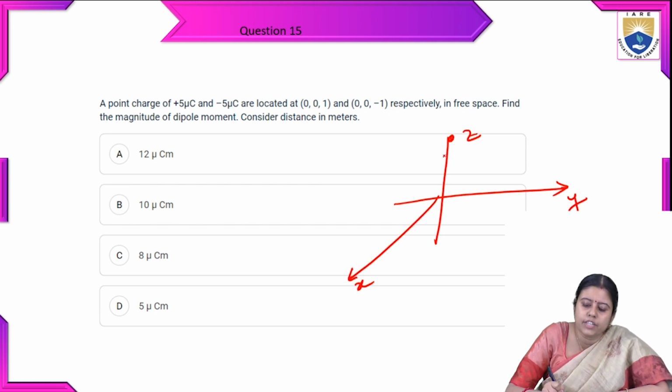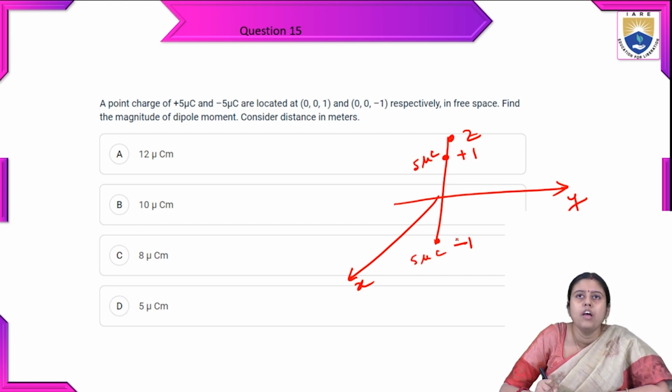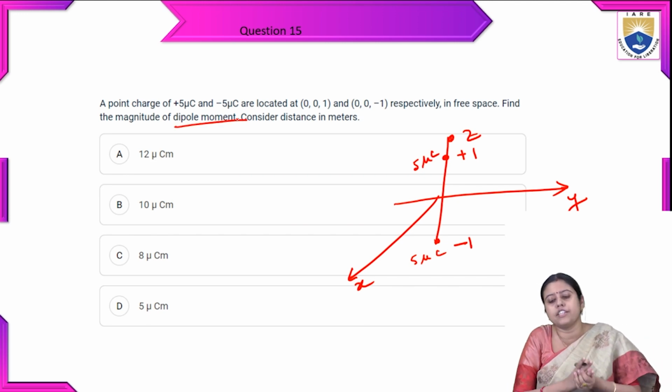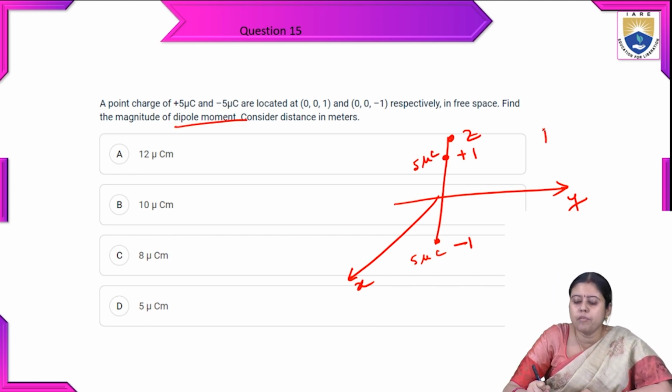A point charge plus 5 coulomb and minus 5 coulomb are located at 0, 0, 1. So two charges, it is plus 0, 0, 1 and minus 0, 0, 1. It is plus 5 microcoulomb. This is minus 5 microcoulomb. So calculate the dipole moment. What is the definition of the dipole moment? Dipole moment P is equal to Q into d.